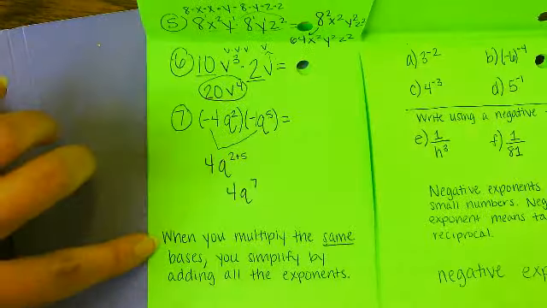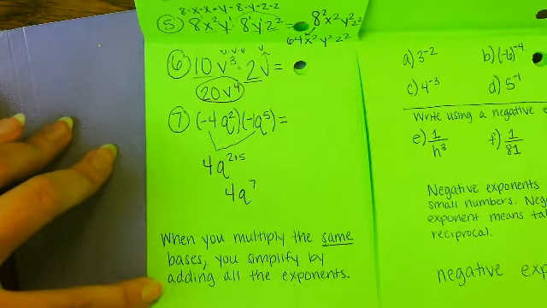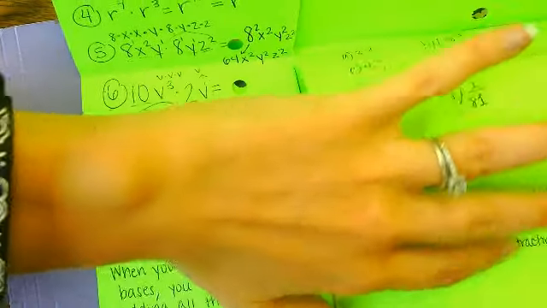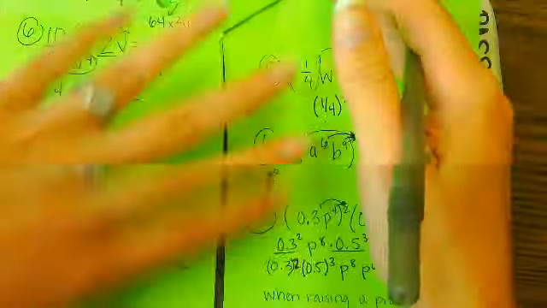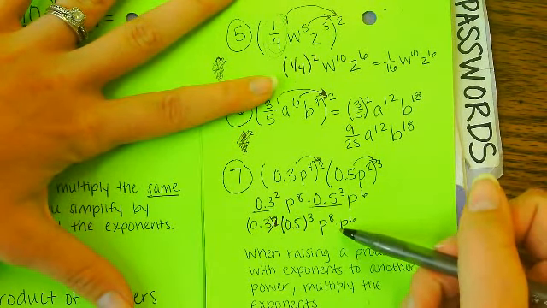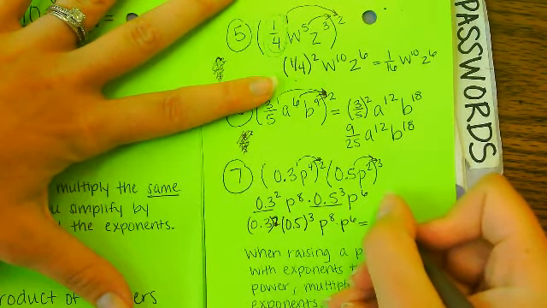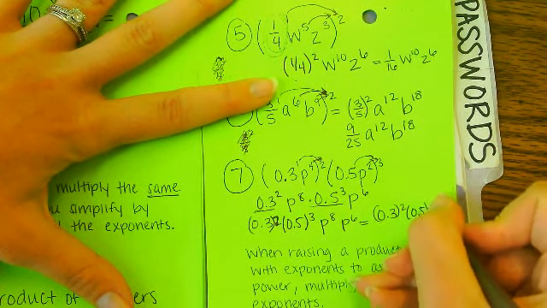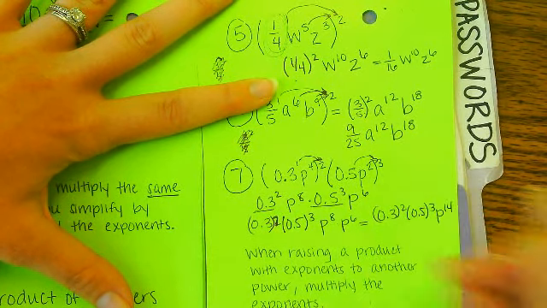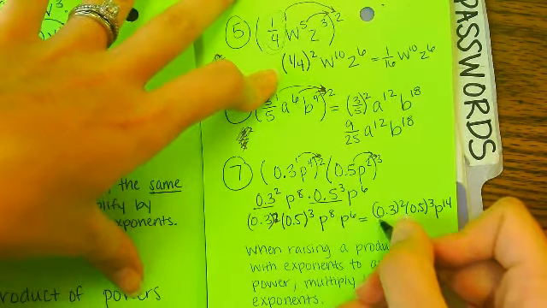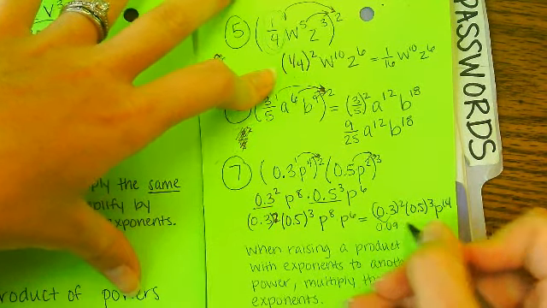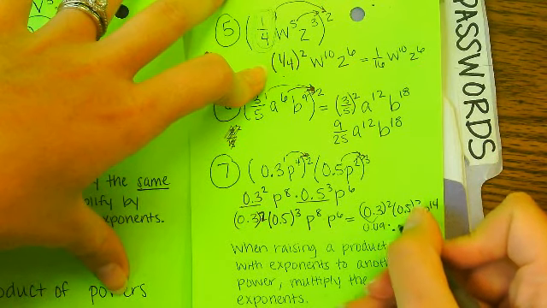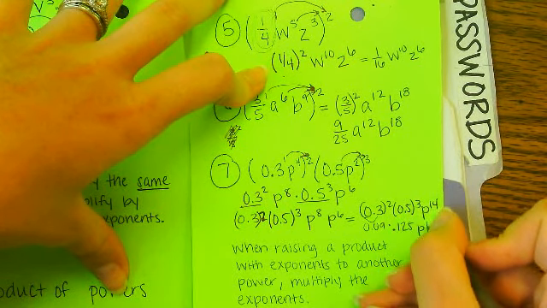Product of powers is when you're multiplying the same bases, you're going to add your exponents. So if I have P to the 8th here, 8 P's, and then I have 6 more, I end up with 14 of them, because I can add those together. And then if I actually were to work this out, I'd get 900 here, and I would get 5 times 5 times 5, 125 thousandths here.